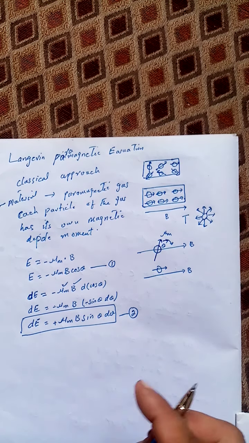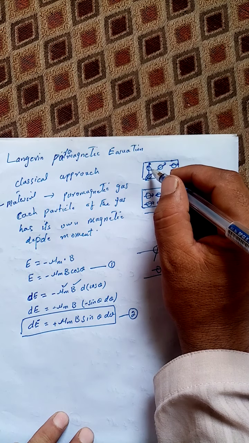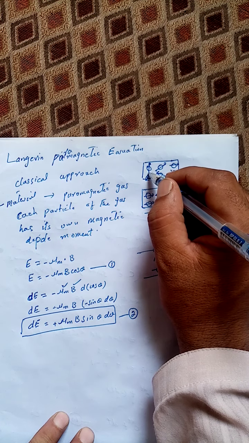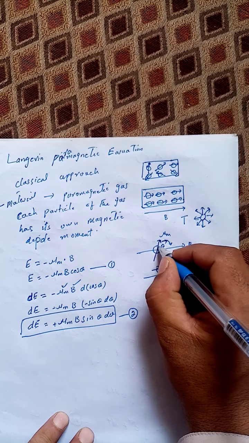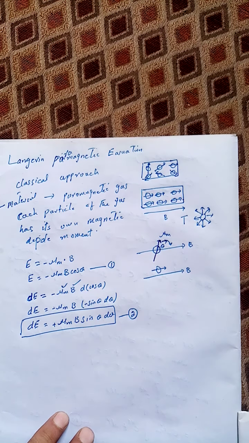Now suppose there are many atoms, and there are different orientations of the dipole moment of each individual atom. Atoms with this kind of orientation are very few in number.